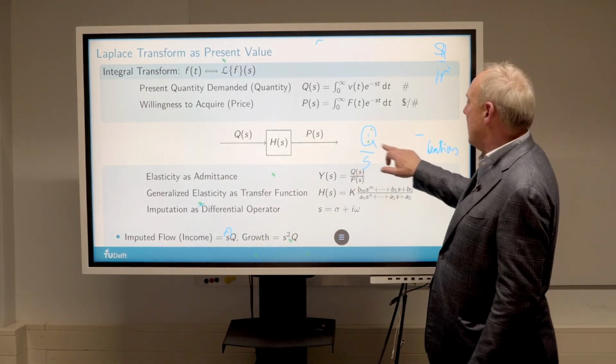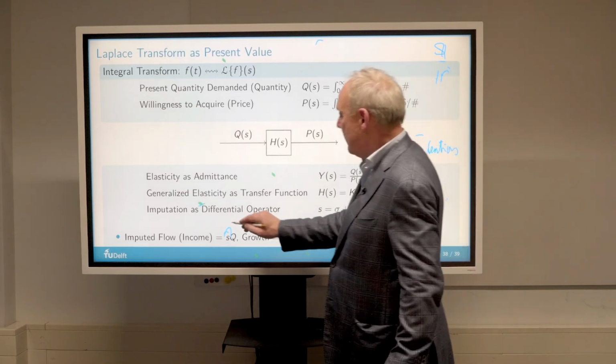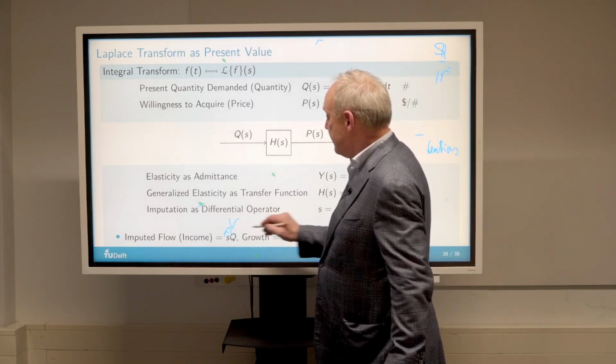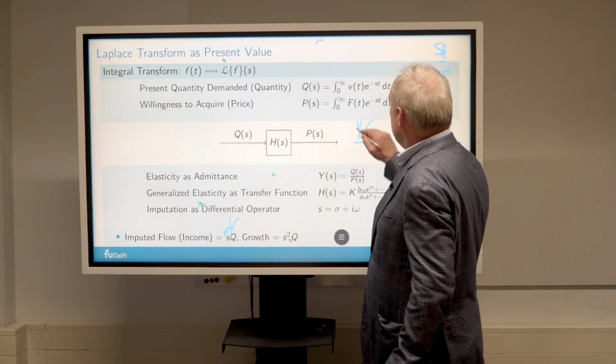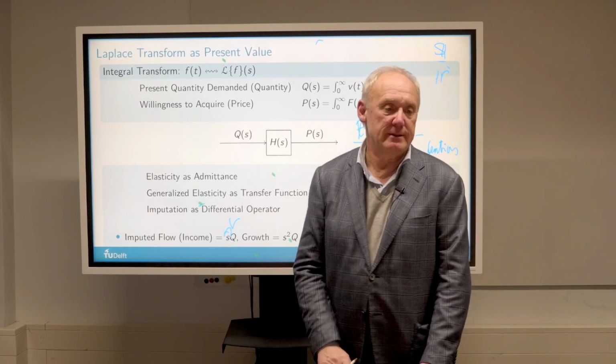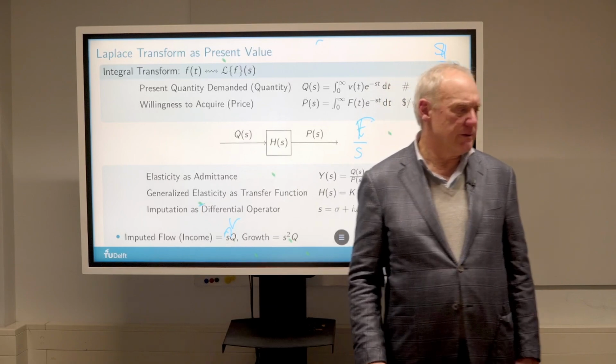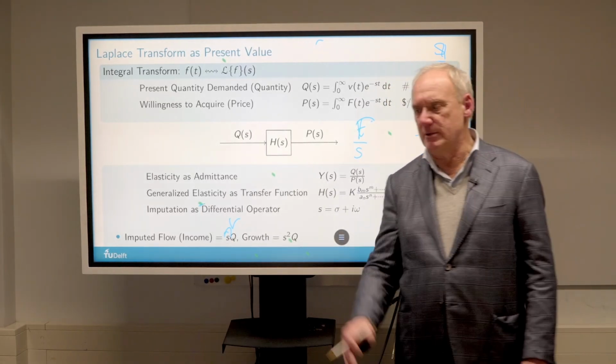So you say, all right, I call this a flow, V, or big F, divided by S, and then you capitalize it again. There's also an imputation. It's not the same as a present value.